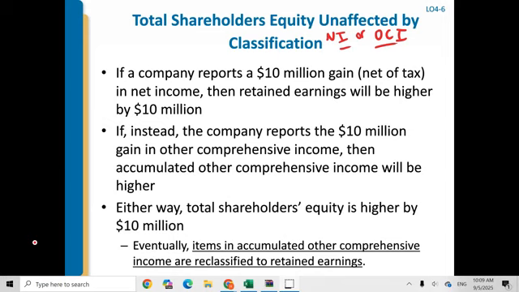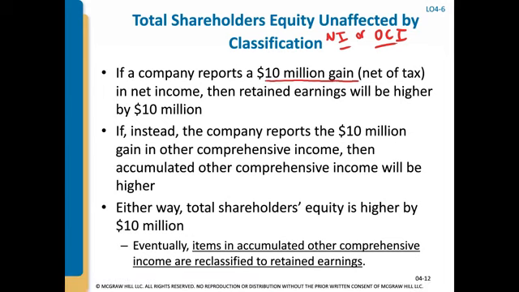So in this example, if a company reports $10 million of gain, we'll call it net of tax, in net income, then the retained earnings will be higher by 10 million. Instead, if they report the 10 million in other comprehensive income, because it's a different item, so these are talking about two different items, not the same item, because you can't just pick and choose which category your transaction falls into.